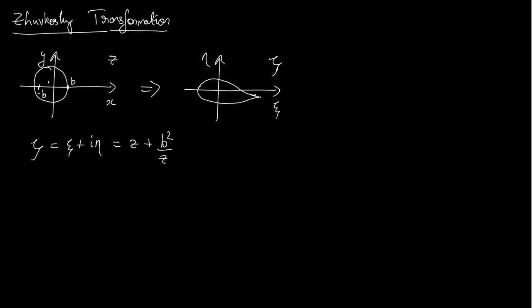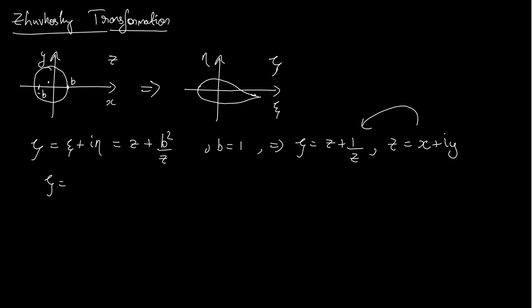For the sake of simplicity, let's assume b equals 1. So I get my zeta to be z plus 1 by z, and z is any point on the complex plane, in the Argand plane, and I can call it x plus iy. If I substitute this back into zeta equals z plus 1 by z, I get zeta equals x plus iy plus 1 by x plus iy.